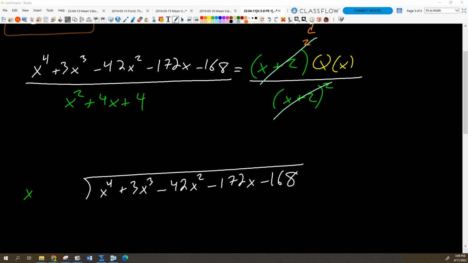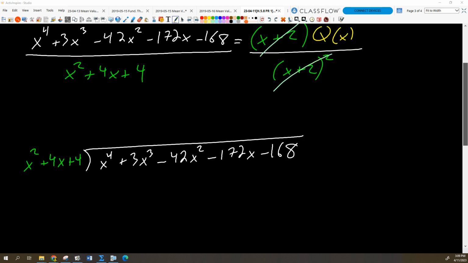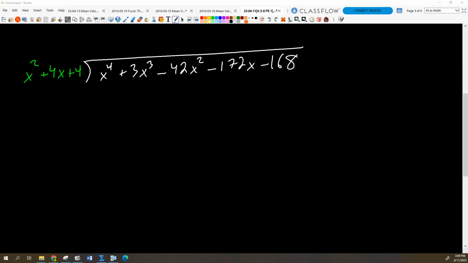Denominator. Okay, so x squared plus 4x plus 4. And now we can just go to town here. X squared times what is x to the 4th? Okay, I'll distribute. X squared times x squared is x to the 4th. X squared times 4x is 4x cubed. X squared times 4 is 4x squared.